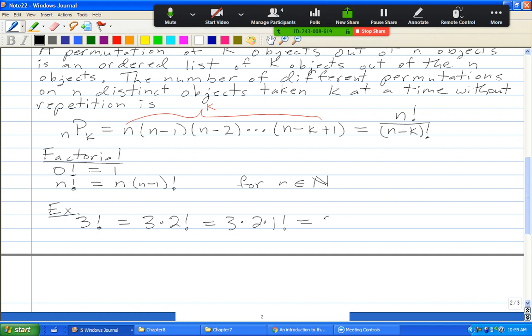But of course, 1 factorial is just 1 times 0 factorial. But 0 factorial is 1. So this is just 3 times 2 times 1. So we can think of 3 factorial as 3 times 2 times 1.